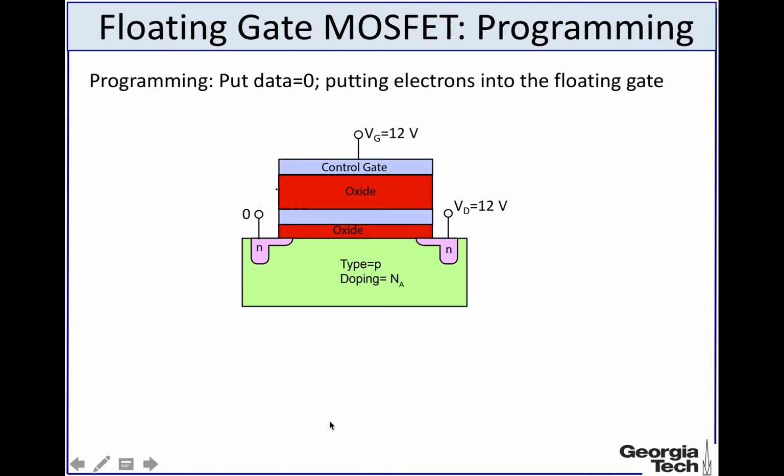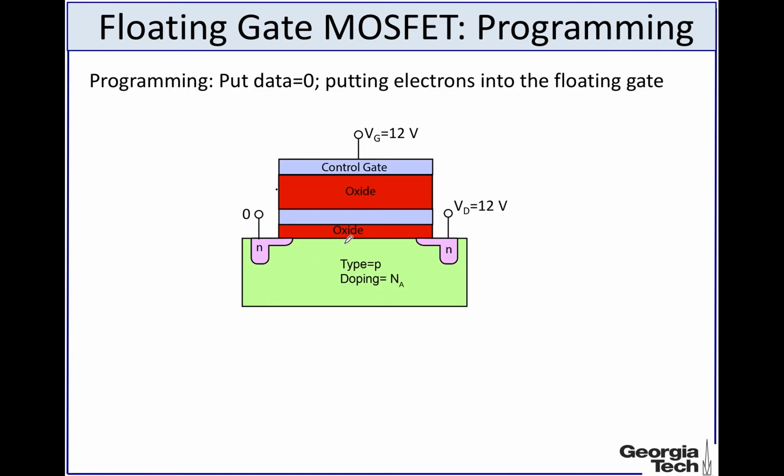So now how do we program or erase a floating gate MOSFET? Now programming means that you store the data corresponding to 0, and the way it is done is by putting some electrons in the floating gate or trapping some electrons into the floating gate.